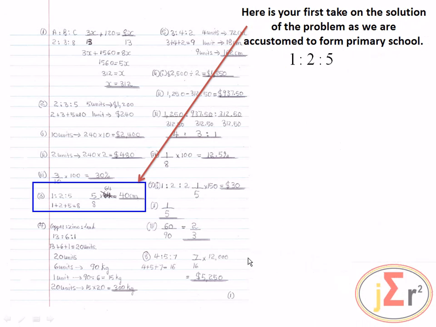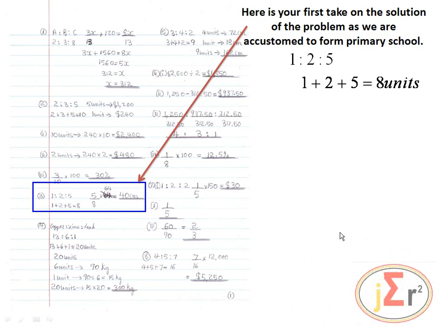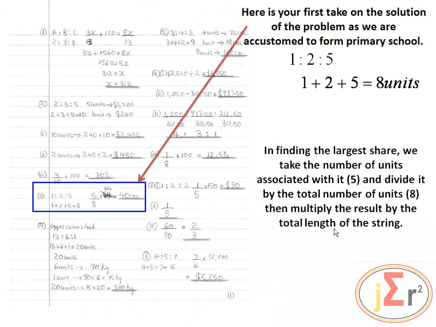But we are not done yet. Here is your first take on the solution of the problem as we are accustomed to from primary school. We have 8 units for the total. In finding the largest share, we take the number of units associated with it, which is 5, and divide it by the total number of units, 8, that we have found by adding all of the respective units.